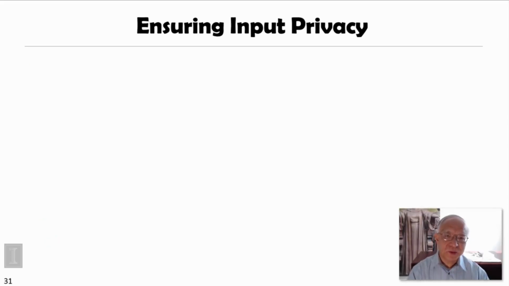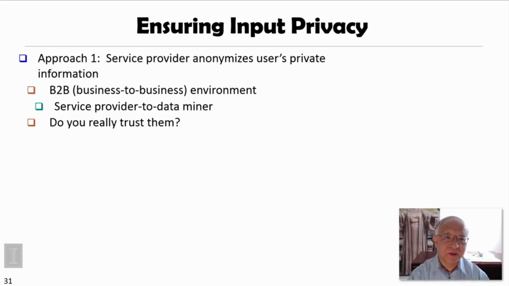So in this short session, we are going to focus on how to ensure input privacy, or you can say the data privacy problem. Of course, one simple approach could be you trust the service provider.